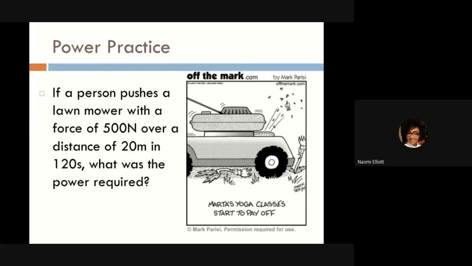All right, so for power, the power equation again is work divided by time. So if power is going to equal 10,000 joules, right? That's what we found from the previous equation.